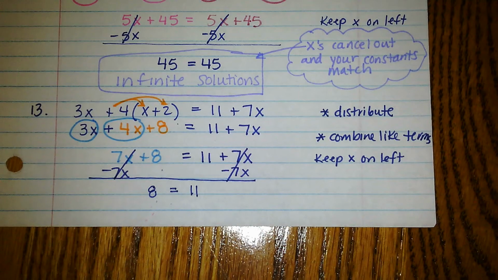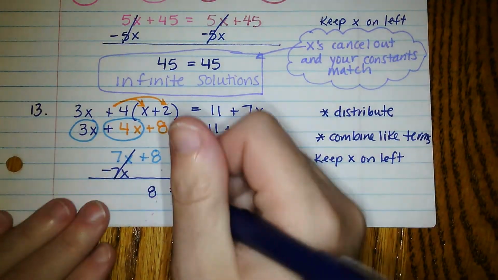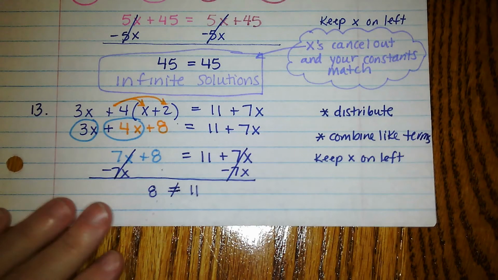Huh. Does 8 equal 11? Can 8 ever equal 11? No way. So what we're going to do is put a line through it to indicate that that's not true.